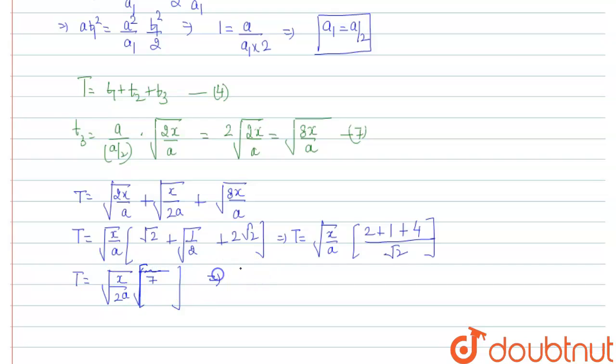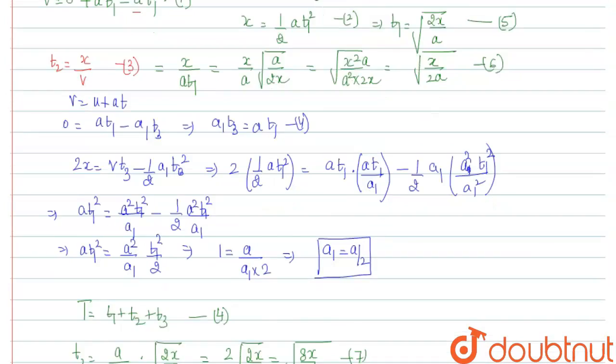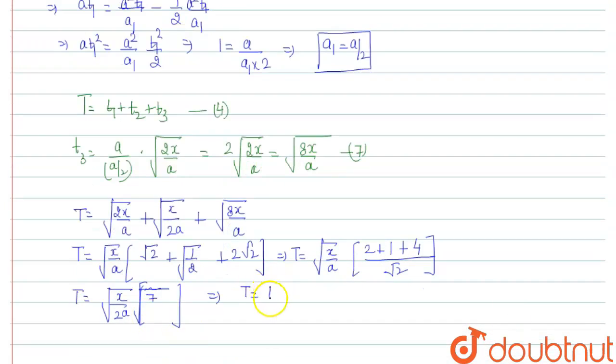So in the next line, capital T is equal to, v is equal to, in terms of 81 we have to place, this is root x upon 2a, and the value of root x upon 2a is equal to T2. So we write here this is equal to T2, root x upon 2a is T2 into 7.